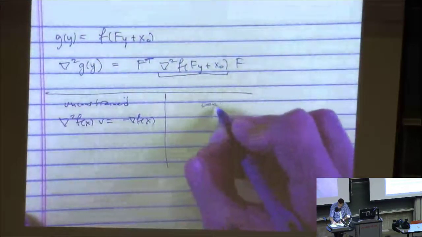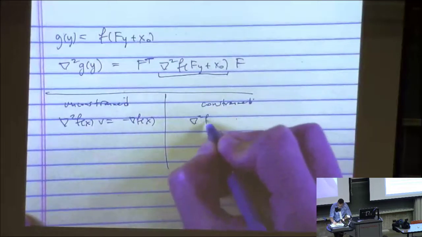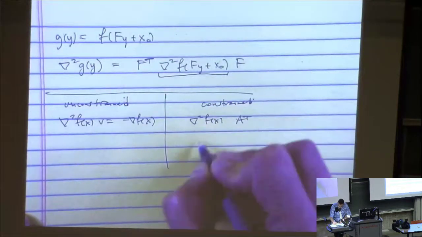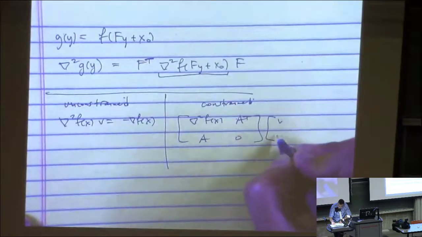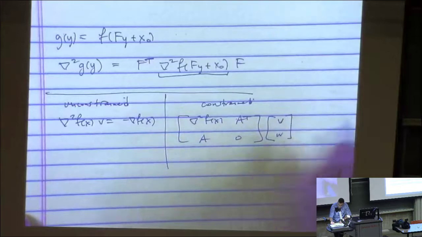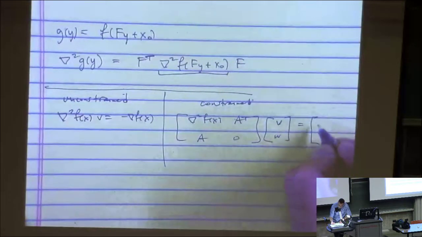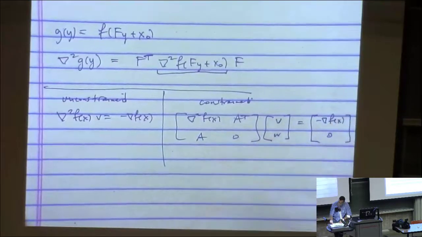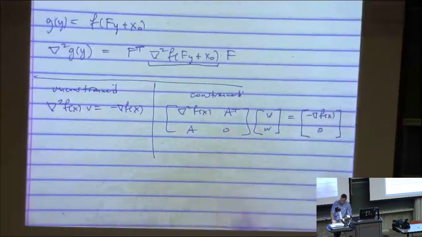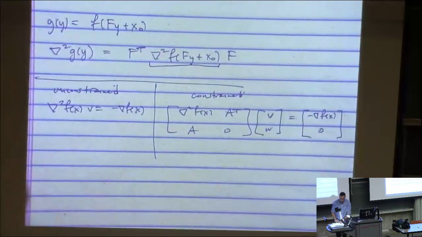Constrained Newton is a bit bigger. We solve for v and w together, and for the purposes of today's lecture we can discard w, because we just care about the update direction. If we solve this slightly bigger system, we get the update direction v that satisfies A times v equals 0 and minimizes this quadratic approximation.